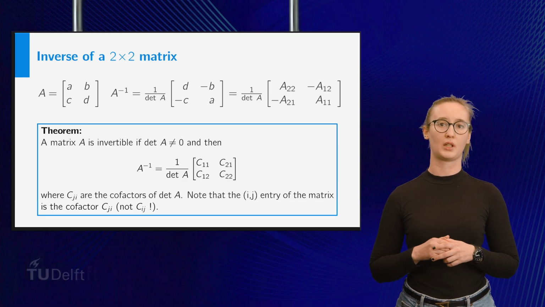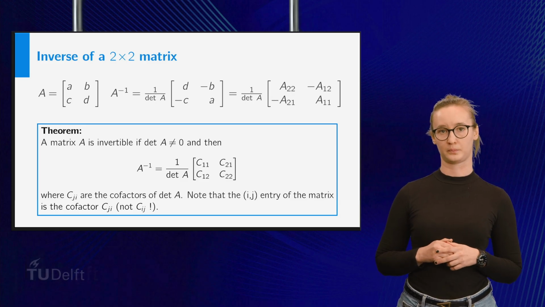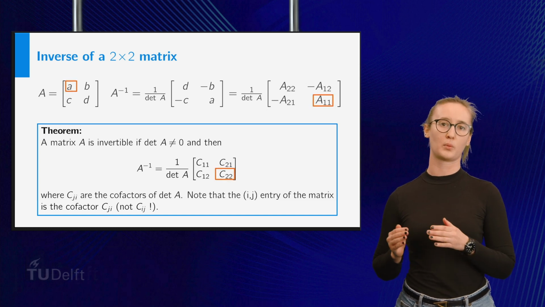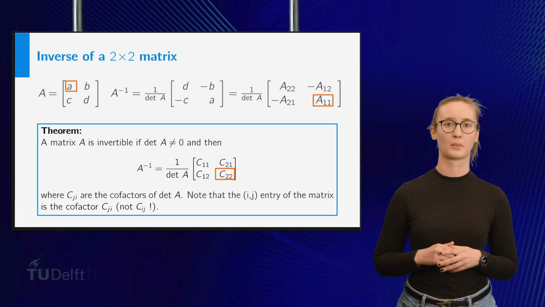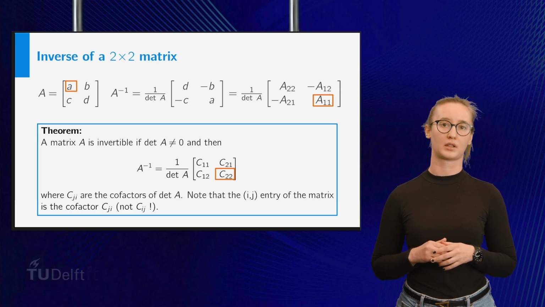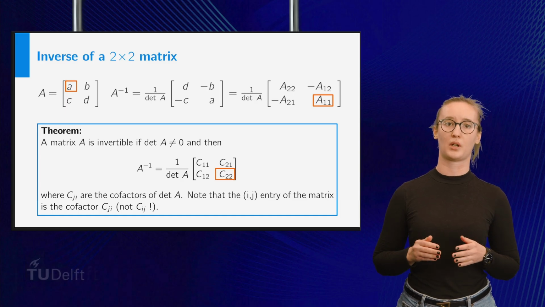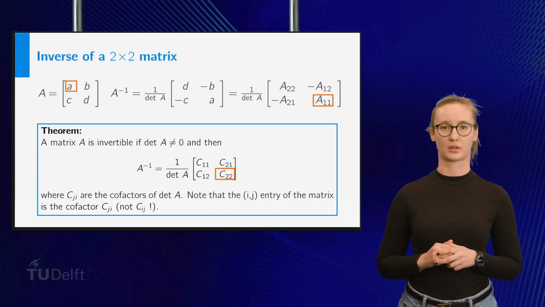Let's check that this formula actually works for 2 by 2 matrices. The element of matrix A with the index 1, 1 is a. It is the same as a cofactor C22 of the matrix A. Check with the lecture about determinants on how to calculate cofactors.